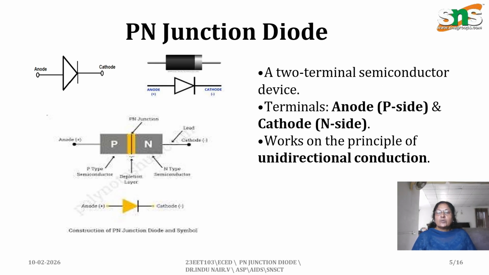This two-terminal semiconductor device works on the principle of unidirectional conduction. One terminal is termed the anode and the other the cathode. In the symbol, the triangle represents the anode and the straight line represents the cathode.